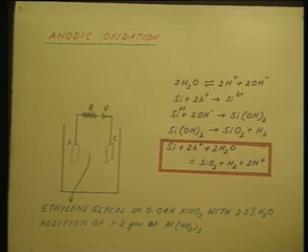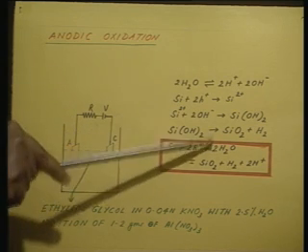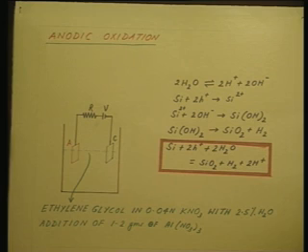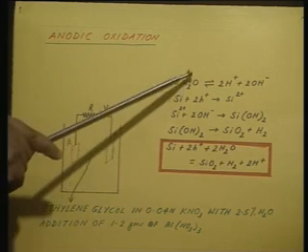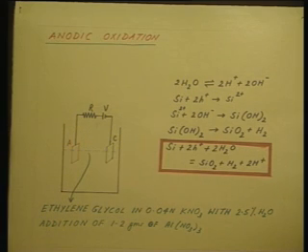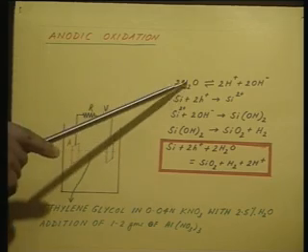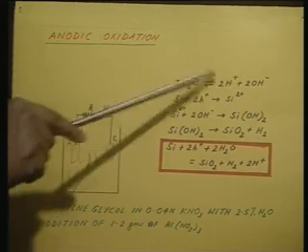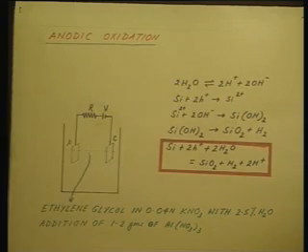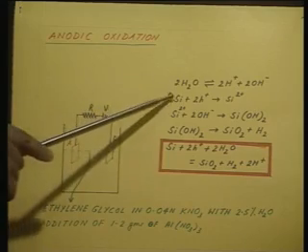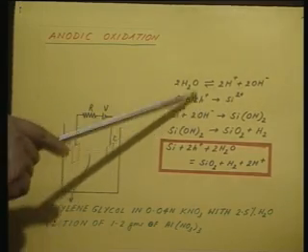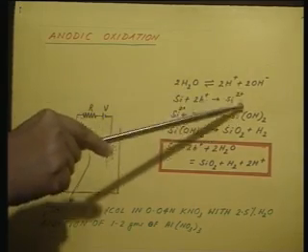And this is the basic reaction that takes place. This is the overall reaction. There are a number of sub reactions. First of all, water molecule is electrolyzed into hydrogen and hydroxyl ions. Then silicon with 2 holes forms Si2 plus positive ions.